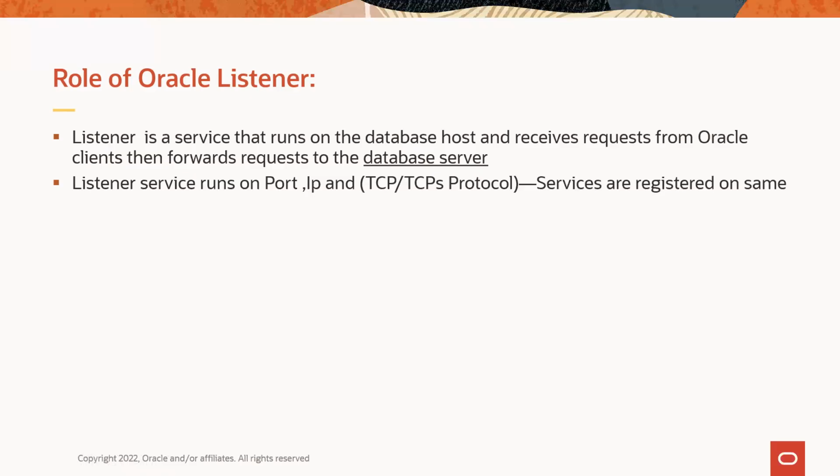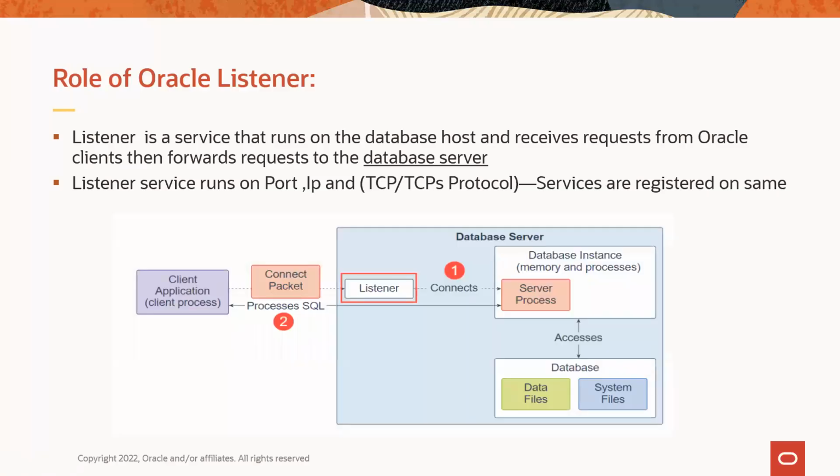Listener services run on a port, IP, and TCP or TCPS protocol, and services are registered on the same. When you configure a listener, it needs to know the port number, the protocol it should listen on, and the IP address, and the respective service from the database gets registered on the listener.